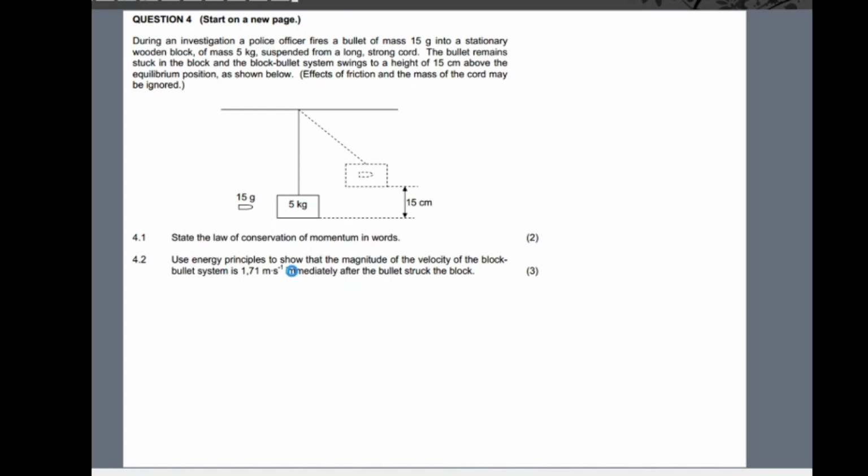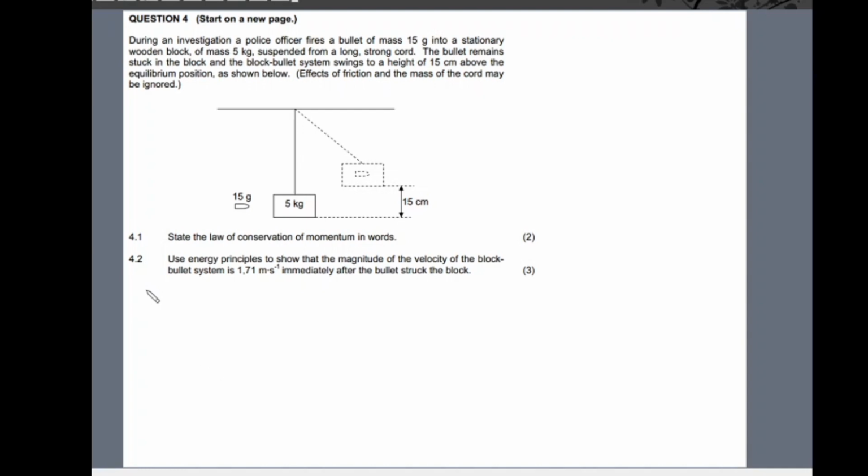Okay. So our question says, use energy principles to show that the magnitude of the velocity of the block-bullet system is 1.71 meters per second immediately after the bullet struck the block. Okay.